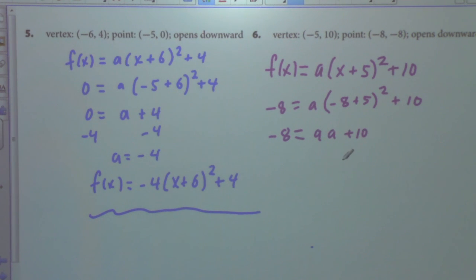Then you can subtract 10. It'd be negative 18 equals 9a. Then you divide by 9. So we have a is equal to negative 2.